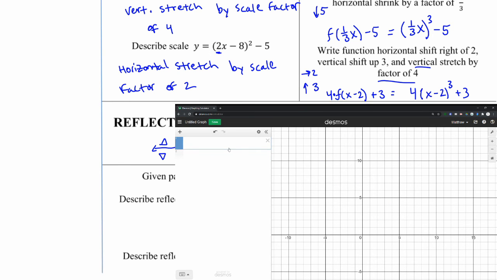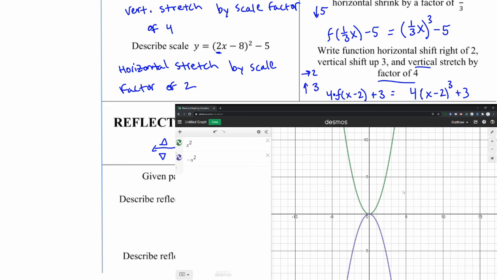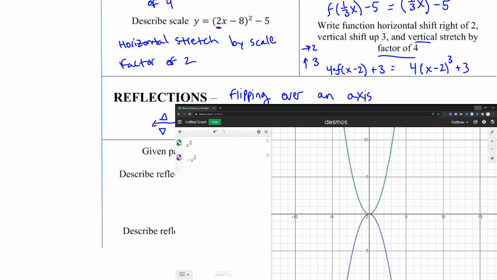An easy one to look at is x squared versus negative x squared. That's a flip over the x-axis. That's a vertical flip. So if I'm looking at, let's see, I have y equals x squared. I just want to think about the reflection.